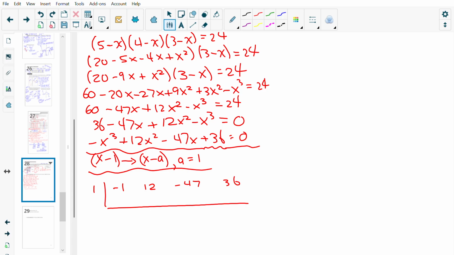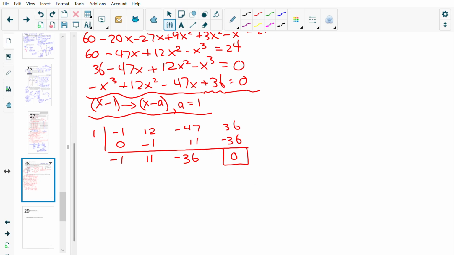Okay, let's do some synthetic division. Okay, awesome. We get a remainder of 0. So we know x minus 1 is a factor. So this is negative x squared plus 11x minus 36 equals 0.